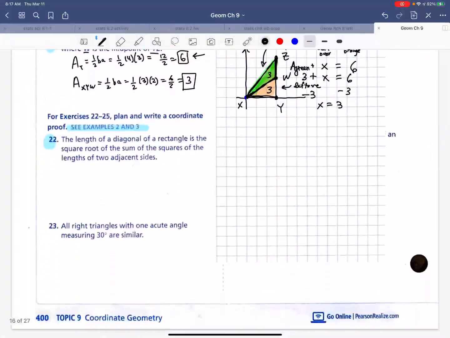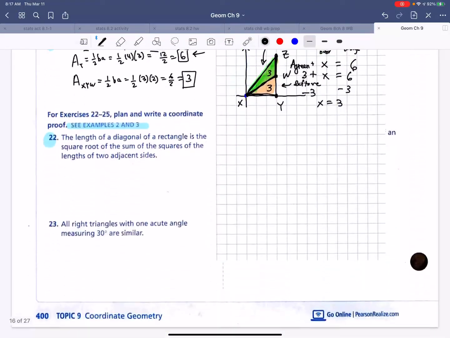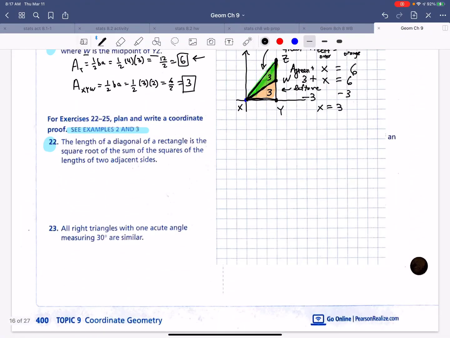Nice. Okay, so let's go ahead and do 22 and 24. 22 says, the length of a diagonal of a rectangle is the square root of the sum of the squares of the lengths of the two adjacent sides. Okay, I think we already proved this. So if we have a rectangle, like a 3x5 rectangle, then the length of the diagonals, and we proved in class they're equal.